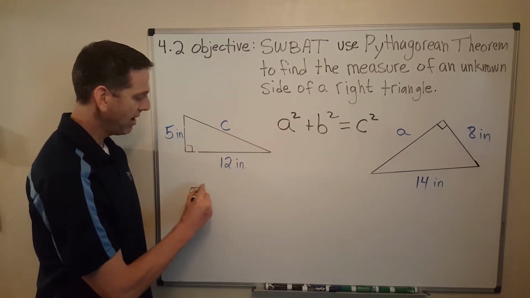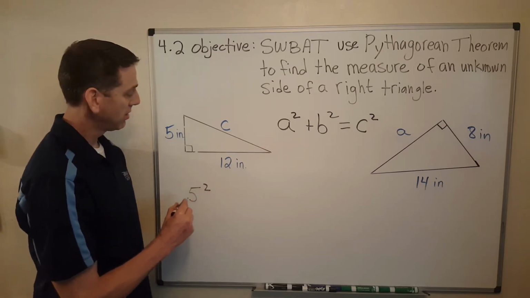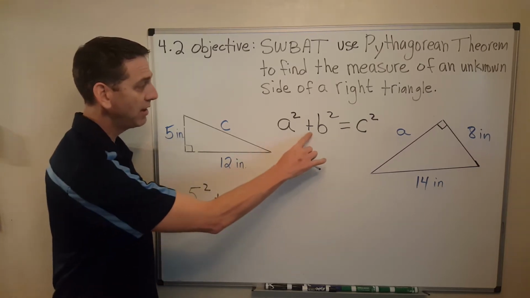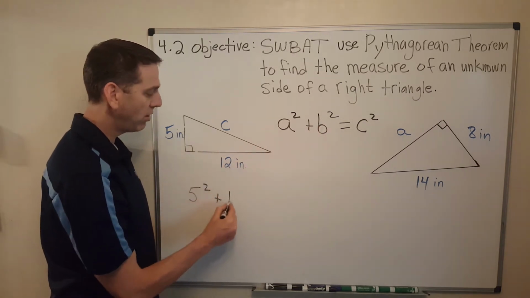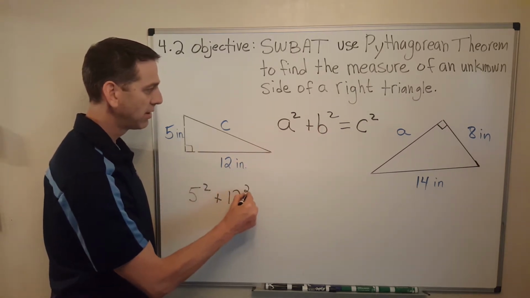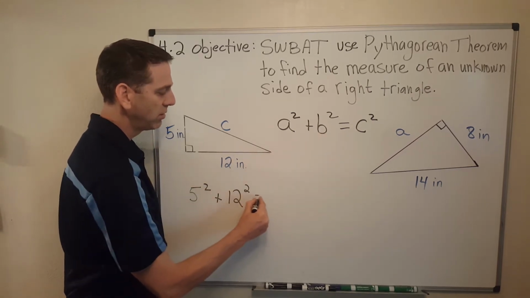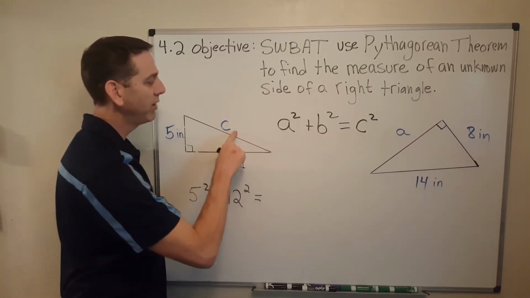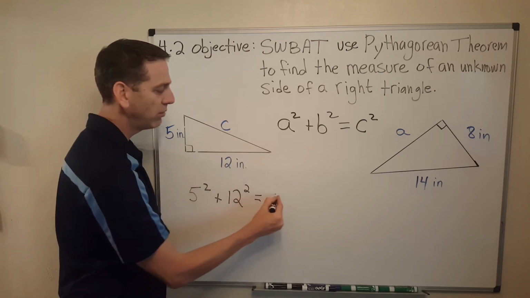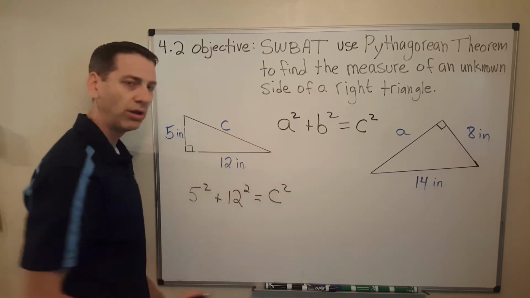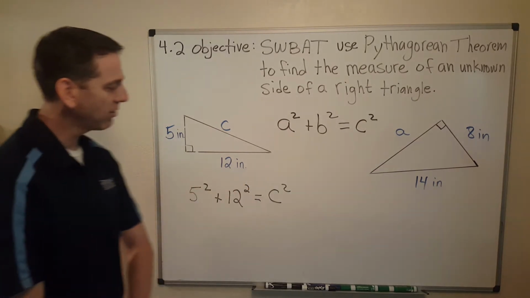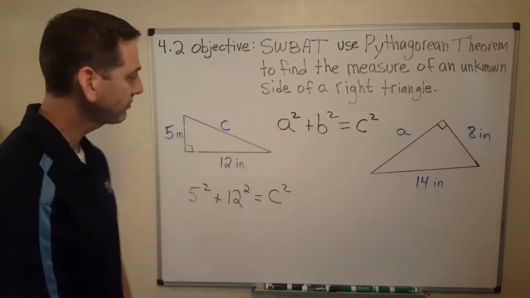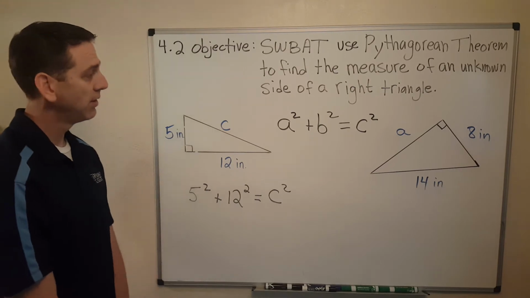So I got 5 squared plus my base squared, which is 12. And these are all in inches. And that's going to be set equal to c squared. Now I don't know what c is, so when I don't know something, I just put a letter there. All right, so there is my Pythagorean theorem for this right triangle.